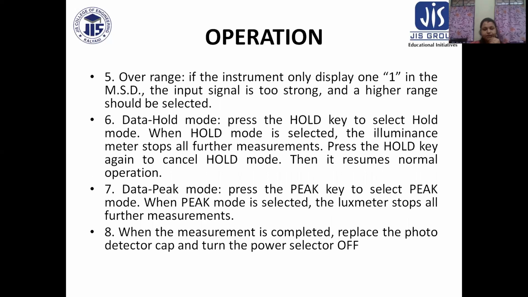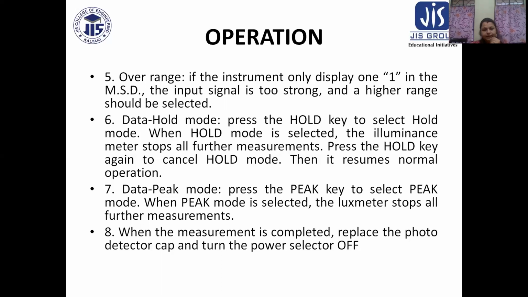Overrange: if the instrument only displays 1 in the MSD, the input signal is too strong and a higher range should be selected. Next, data hold mode. Press the hold key to select hold mode. When hold mode is selected, the illuminance meter stops all further measurements. Press the hold key again to cancel hold mode. Then it resumes normal operations.